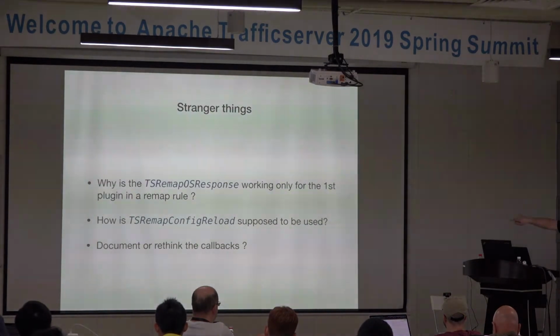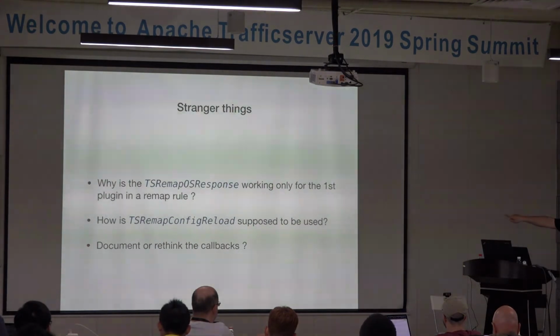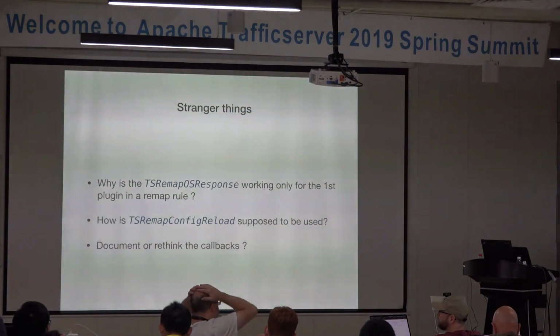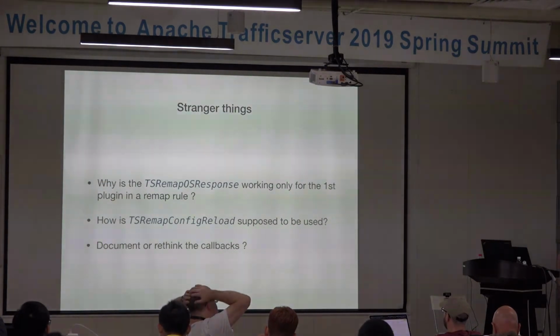And then the other one is, after I implemented things to work the same way for the remap config reload, I started thinking, well, that assumes that the plugin may outlive the configuration, that the configuration will change more often than the reload. And remember how some of the plugins have this cache of configurations?